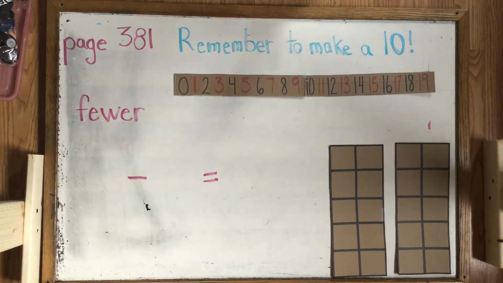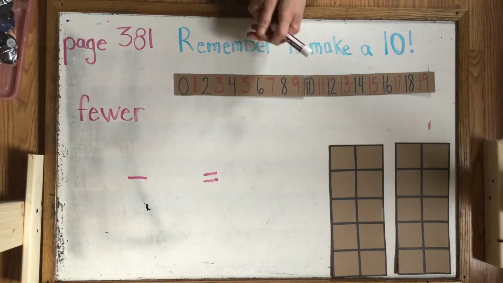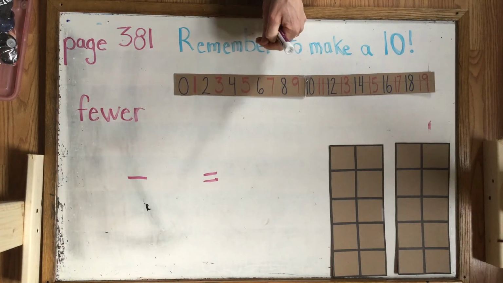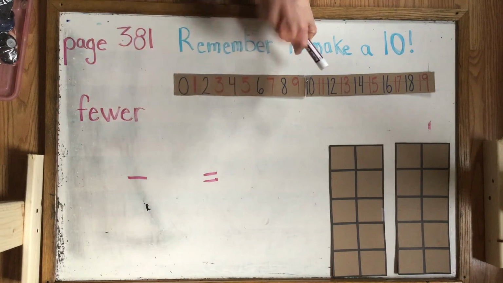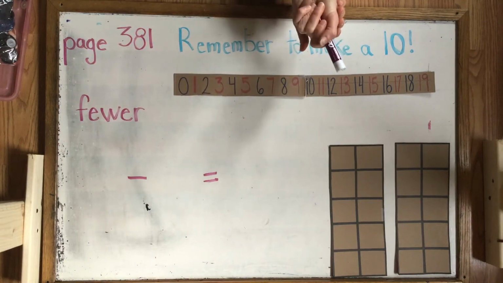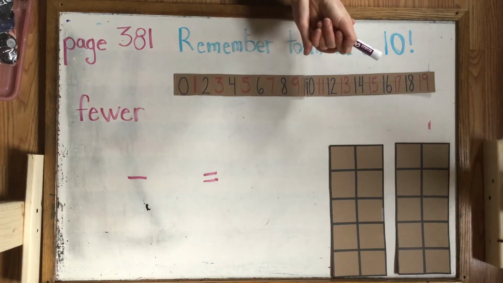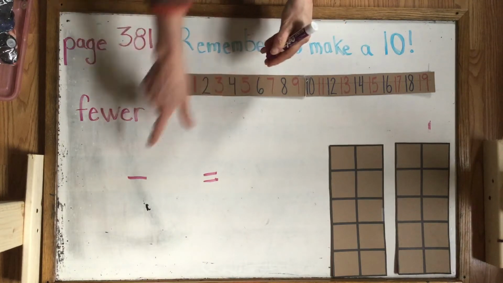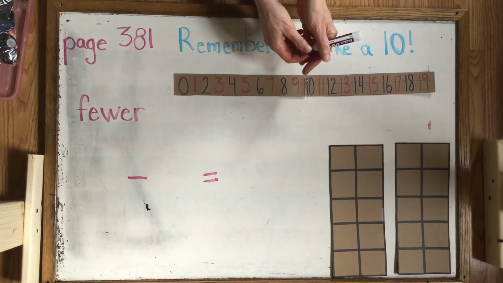I'm going to read the word problem again. Jenny gets 15 prizes from the piñata. Ken gets 6 prizes from the piñata. How many fewer prizes does Ken get than Jenny? Well, let's see, what do I know? I know that we're going to subtract, so I'm going to use the largest number.